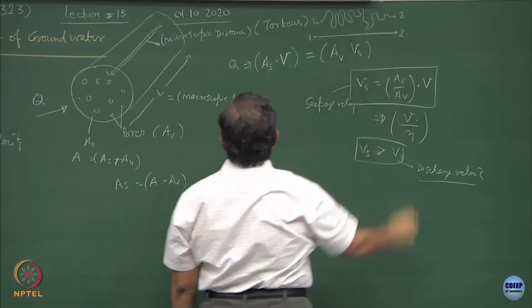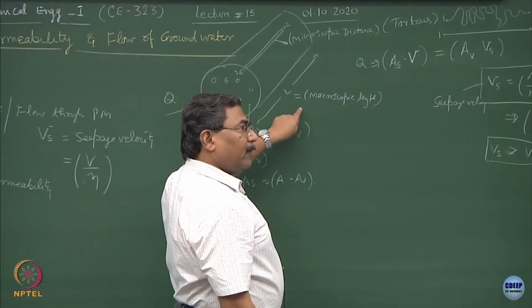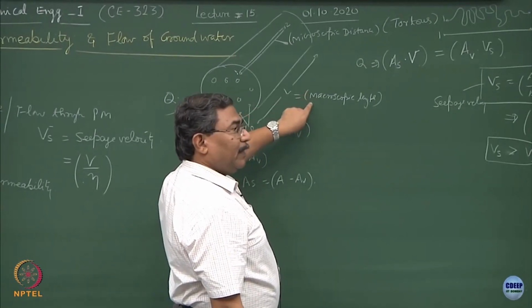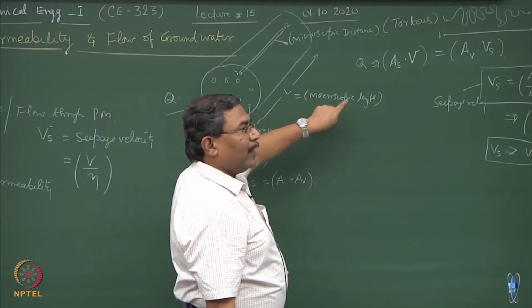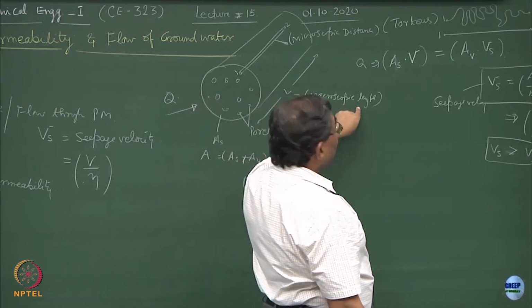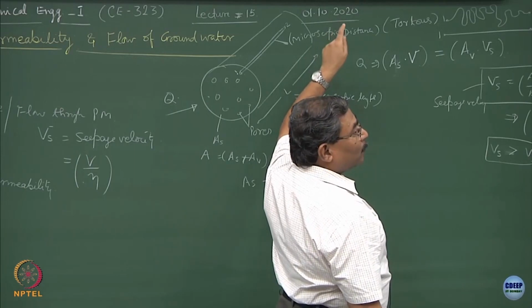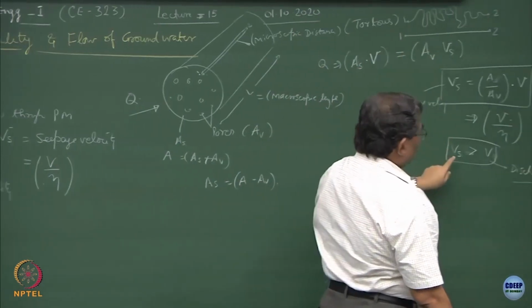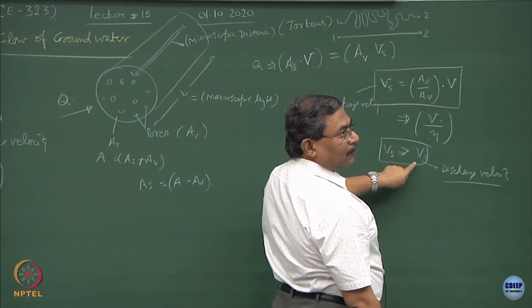What it indicates is that the velocity of flow of water is going to be lesser when you have macroscopic length, but when the discharge is taking place through the microscopic length, which is the tortuosity, the seepage velocity is going to be higher than the discharge velocity.